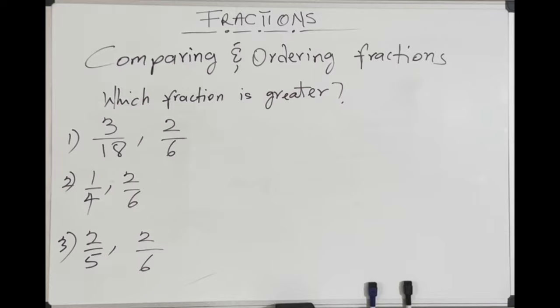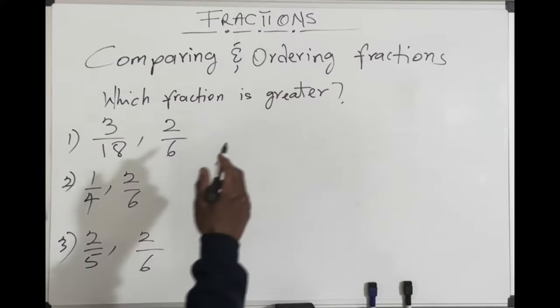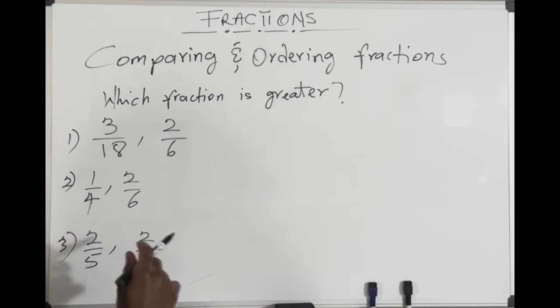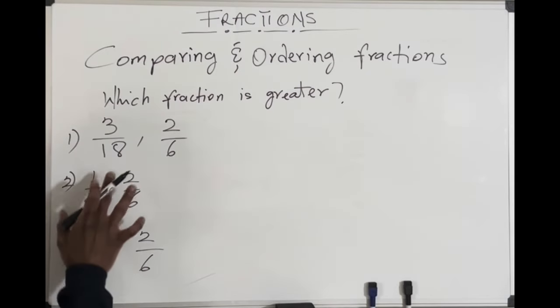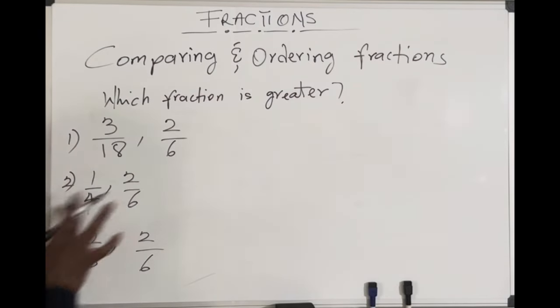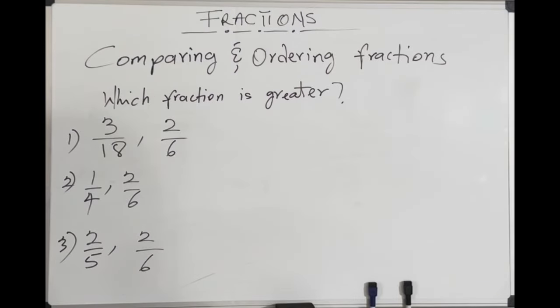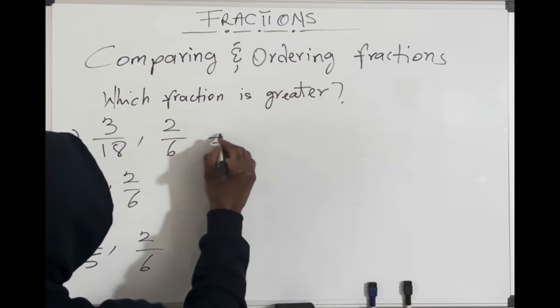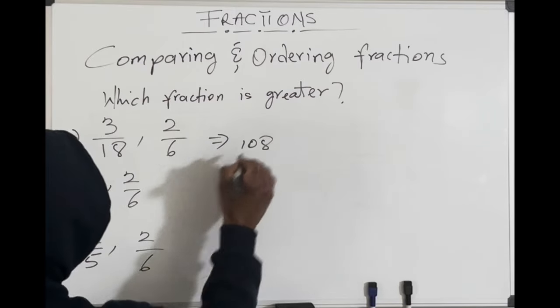And we will have a question like this: which fraction is greater? So just as we did with the first, let's use that method, the first method. Now we multiply 18 by 6. So 18 times 6 will give us what? 18 times 6 will give us 108. So we have 108 here.